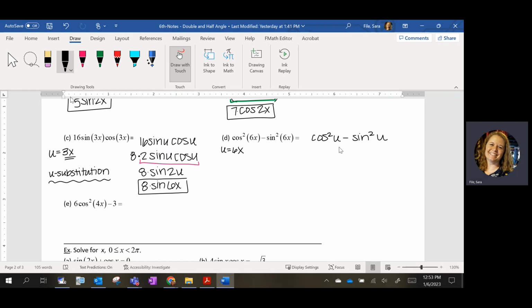That's one of the versions of the cosine double angle, right? So I could rewrite that as cosine, not squared, excuse me, cosine of 2u. And now I have to substitute the 6x back in for u. And what's that going to come out to? 12x.